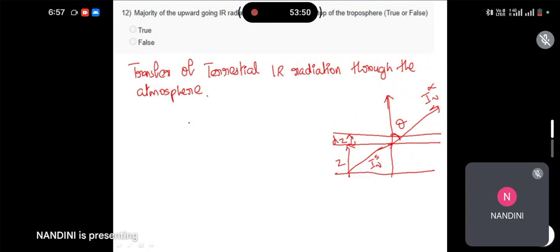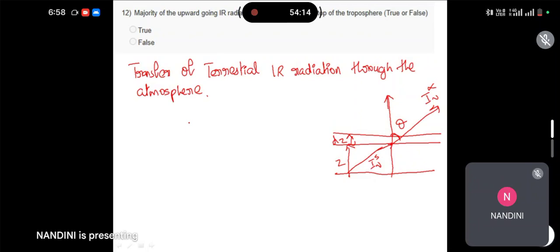So the emission of radiation by the gas themselves will contribute to I nu. Whatever is being absorbed is not lost. It will again be re-emitted by the gas molecules. So we don't usually lose the energy as in the case of the incoming solar radiation. In that case, whatever is being absorbed is actually lost. It is not reaching the surface, and that is lost radiation.